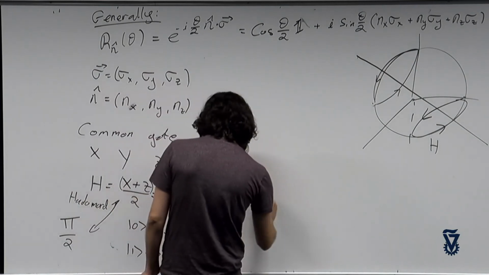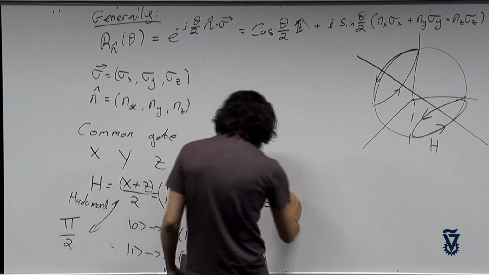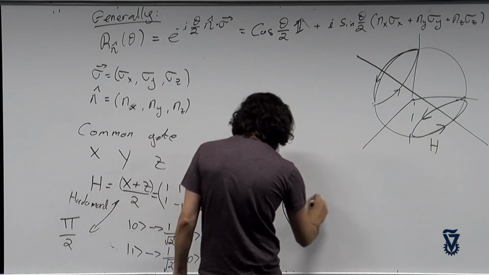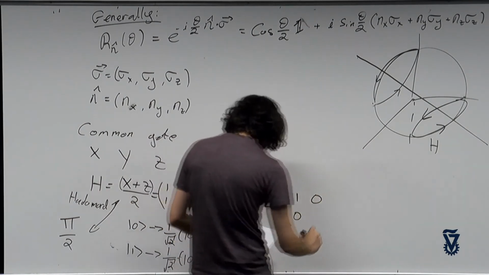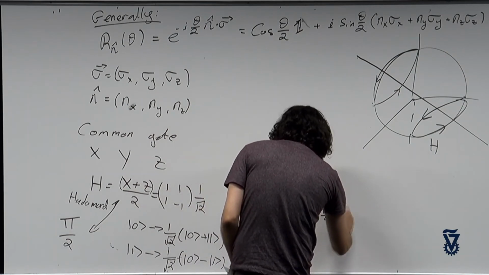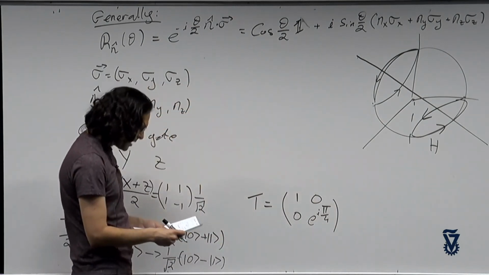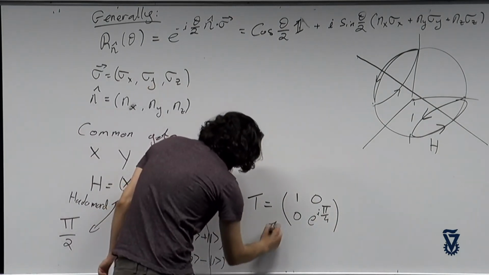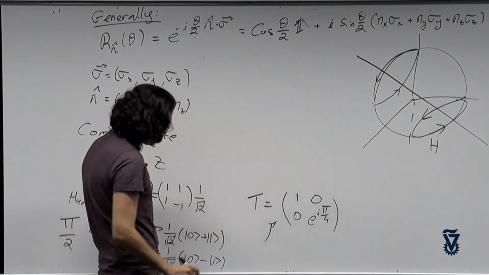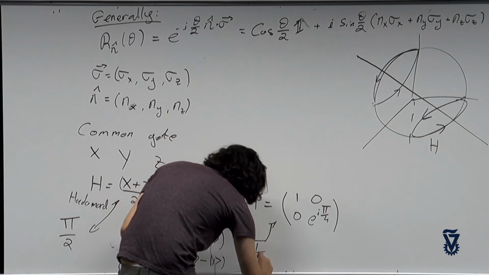Another common gate that is used is called a T gate. It is defined as 1, 0, 0, e to the i pi over 4. This T gate is basically a pi over 8 gate.